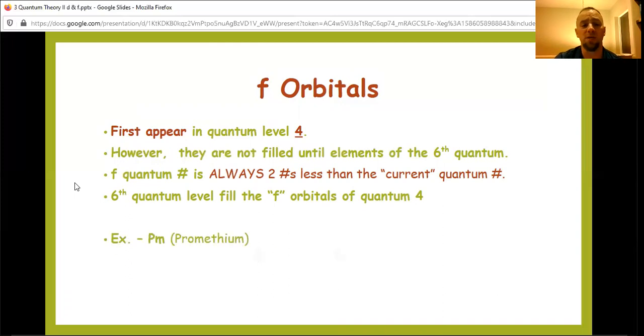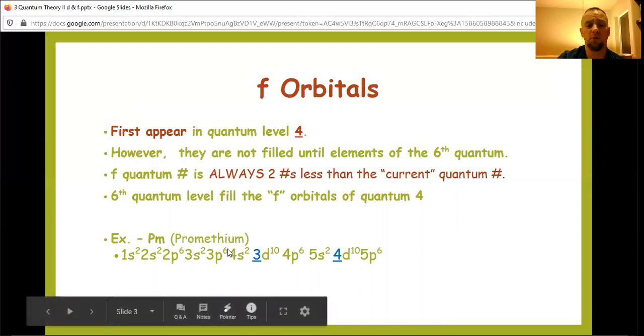So if we look at promethium and we write out the electron configuration for promethium, we get to 4s2 here, and then we get to the d orbital, it's 1 less. When we get to the 5th period and the 5s orbital, again, another d orbital, it is also 1 less.